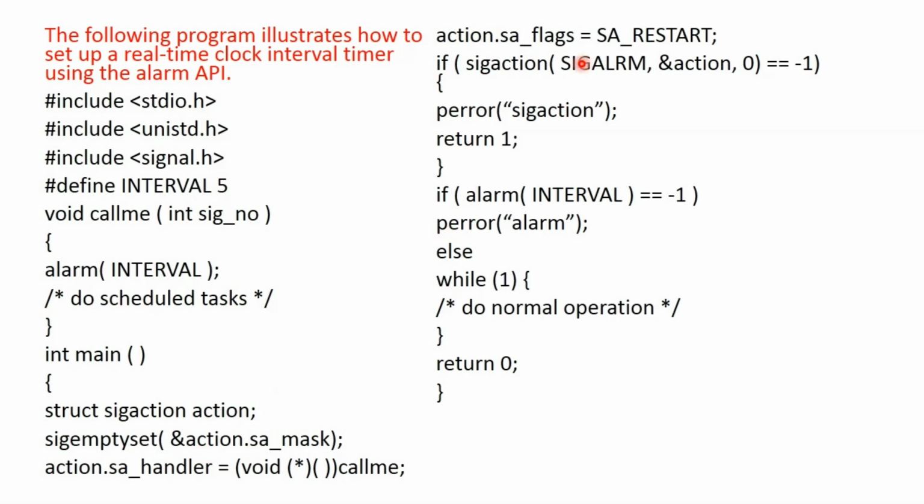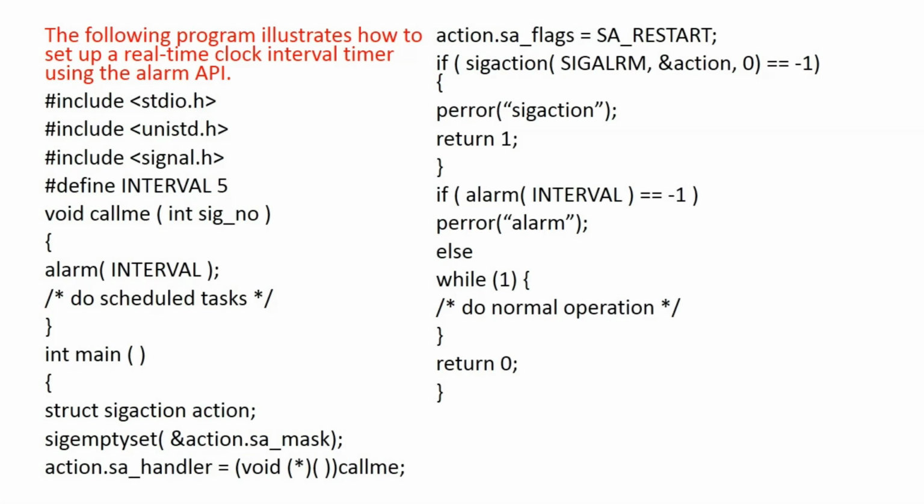Inside the main function you declare a sigaction structure, then you call sigemptyset for the signal mask, and then you assign the value callme to the handler variable, and sa_flags equal to SA_RESTART. It means that after 5 seconds, it has to restart to execute the task.